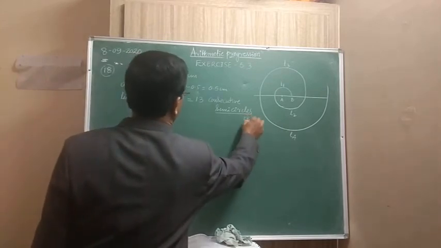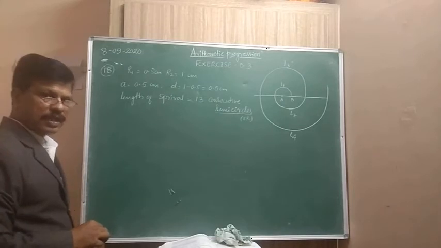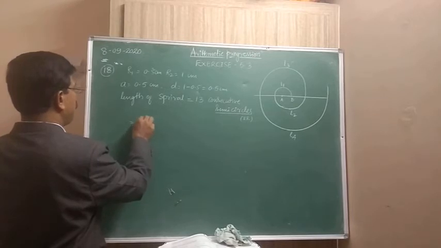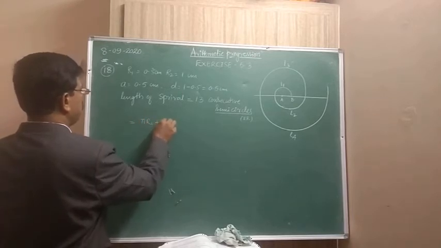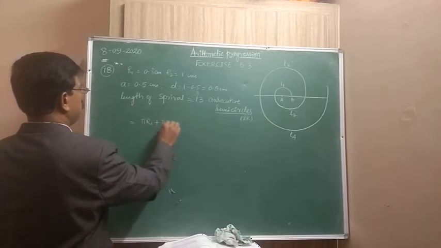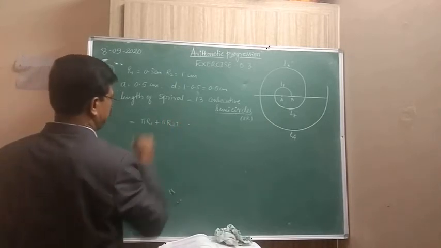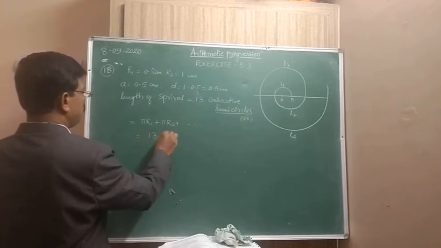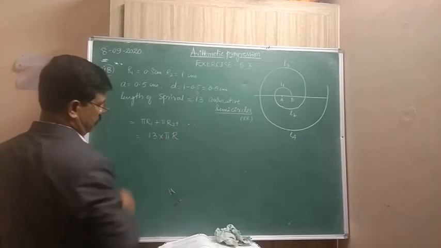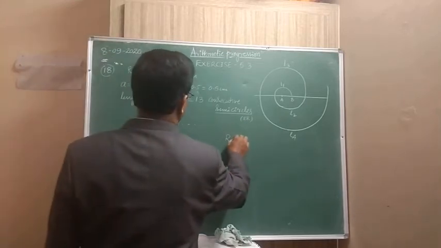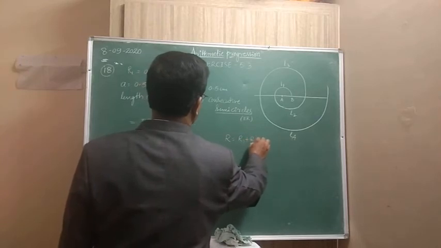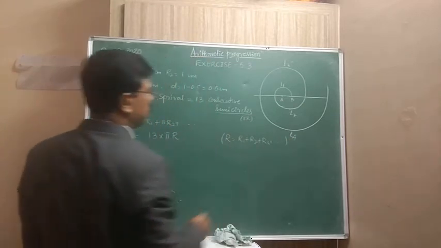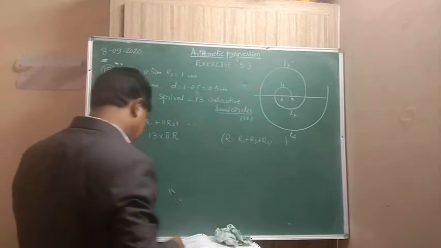Pi r. So what you can do is now pi r1 plus pi r2, so we use the summation. Like this. Now this is 13 into pi r, where r is equal to r1 plus r2 plus r3 plus etc. up to 13. So that we should take.